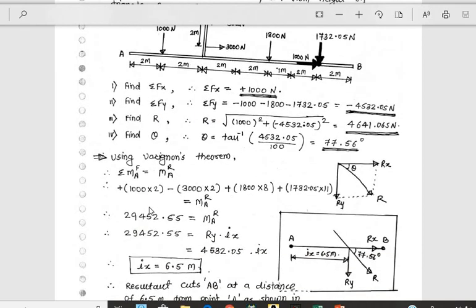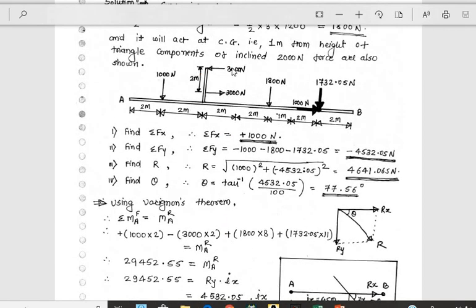Now use Varignon's theorem. Summation of moment of all forces about A is equal to the resultant moment at A. 1000 into 2. Here we are taking moment. This is point A. So 1000 into 2 plus, it is a clockwise moment, minus 3000 into 2. Minus 3000 into 2 means it is creating an anti-clockwise couple.